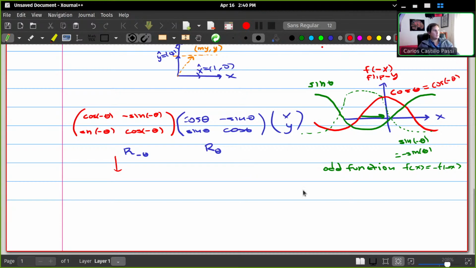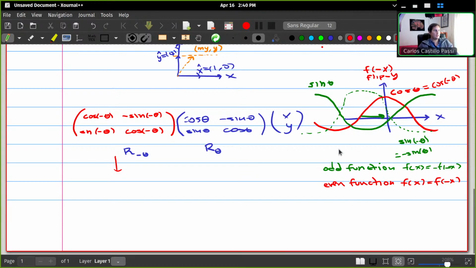Cosine, on the other hand, is an even function, because it satisfies that f of x equals f of minus x.